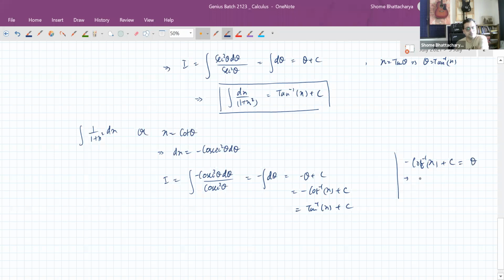Okay. That means we can make use of this identity basically, that cot theta is tan of pi by 2 minus theta.